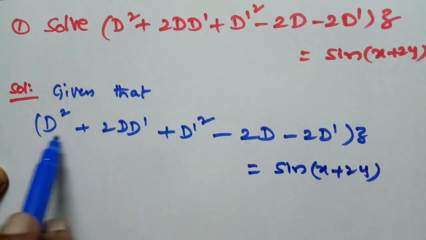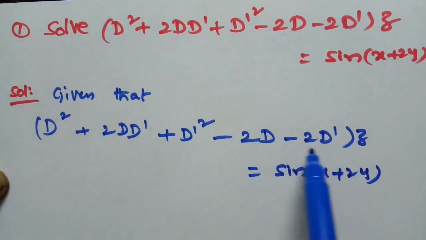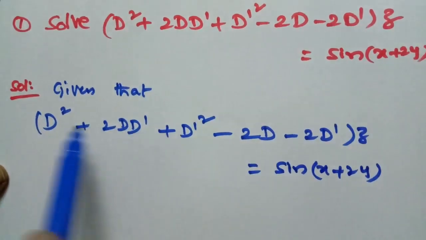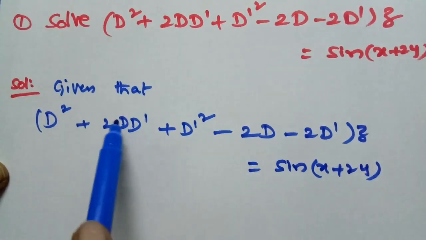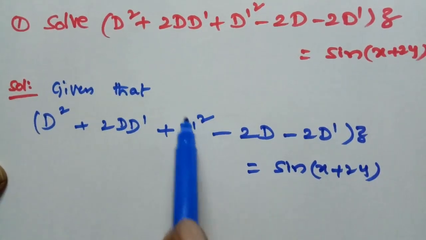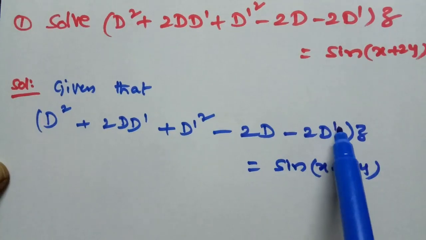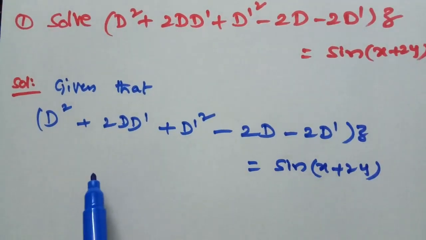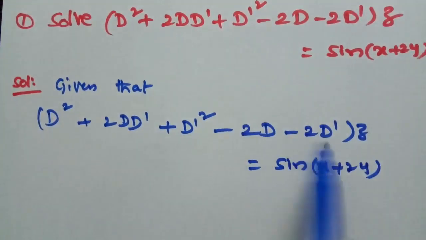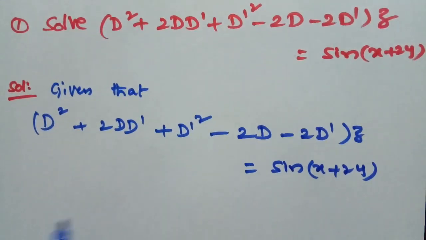If you consider this as a polynomial in capital D and D dash, then also you can clearly observe that the total degree is 2 here, degree is 2 here, degree is 1, degree is 1. Therefore it is not homogeneous. Degrees are not the same in each term of the given expression.